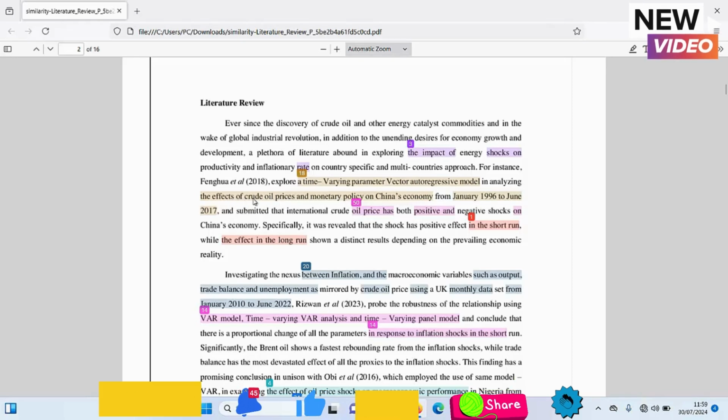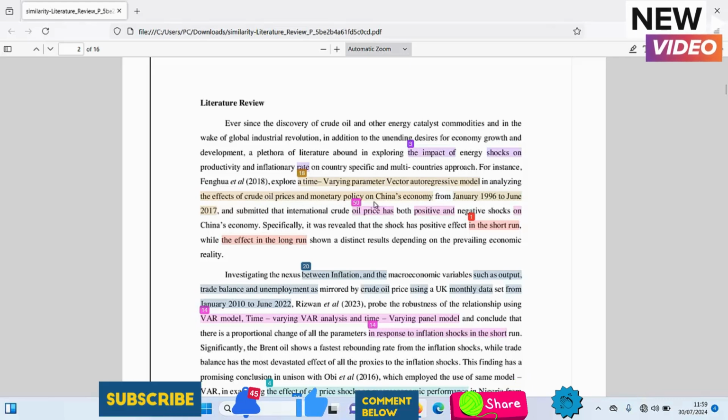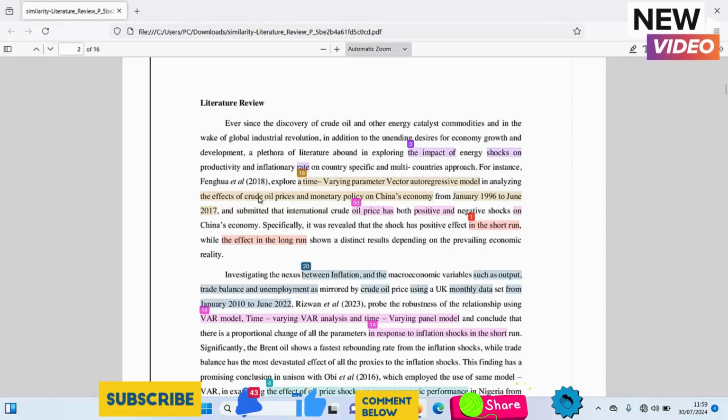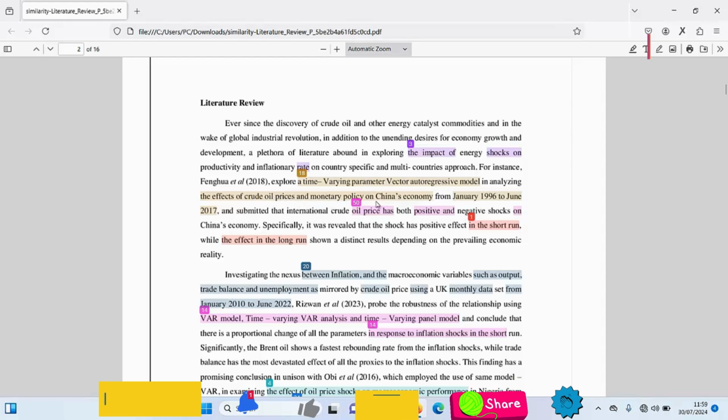So you can just say analyze the nexus between energy prices and monetary policy. Yes, you can just say it analyzes the nexus between energy prices and China economy.